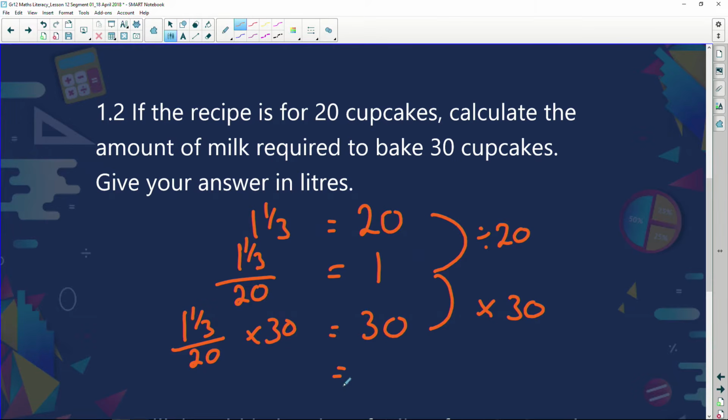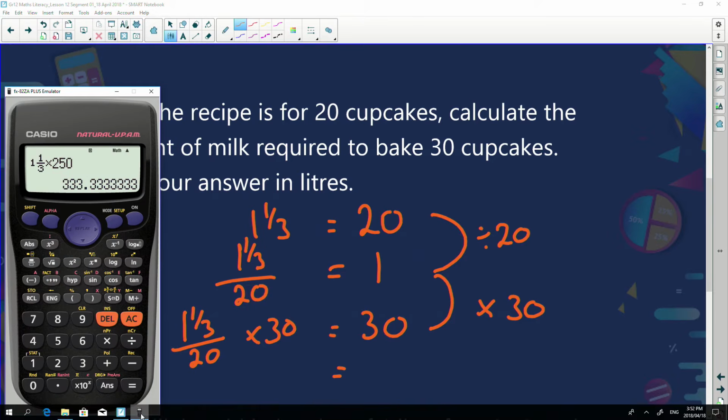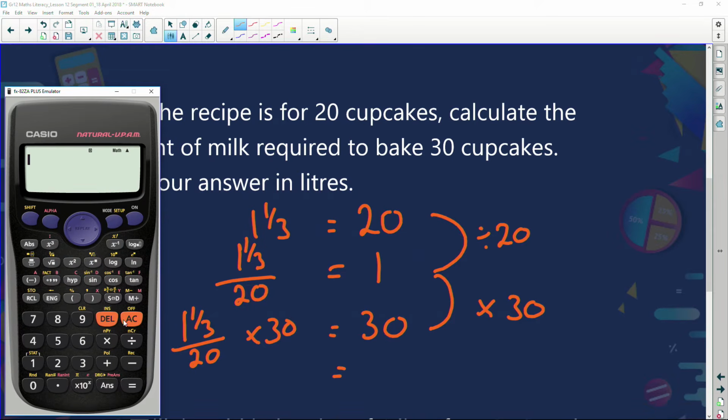So, let's see how many cups of milk I'm going to require. The calculator is going to do the job for me because this is a lot of deep maths. I have 1 1/3 cups. I'm going to divide it by 20, and then multiply it by 30.